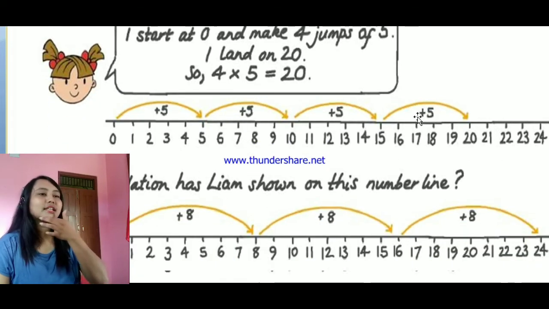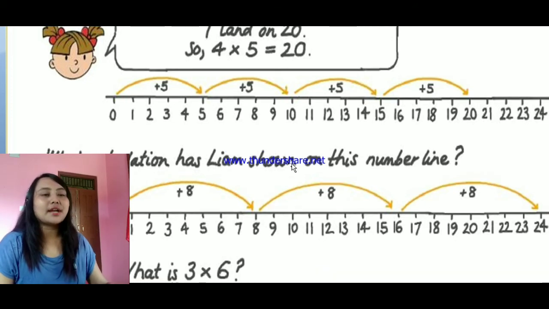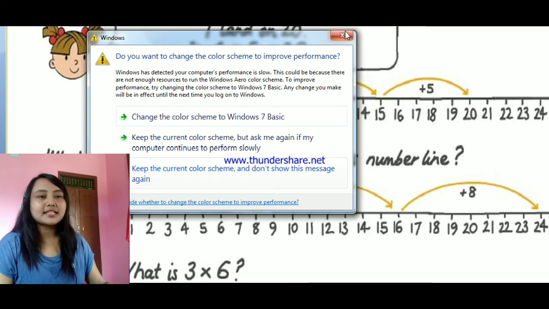Okay, now here is the next question. What the question will be asking, we need to find out. Now, what the calculation has shown on the number line. We need to just see this figure and find out what the calculation shows. Since the number has jumped 8 steps forward for 3 times, look, 1 time, 2 times and 3 times.